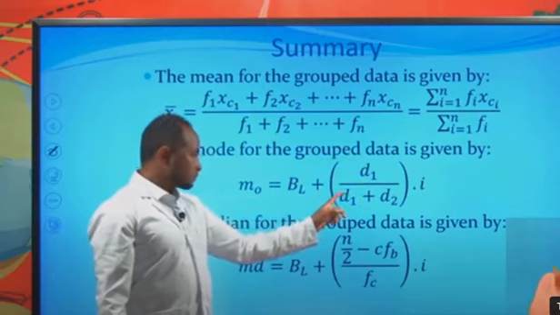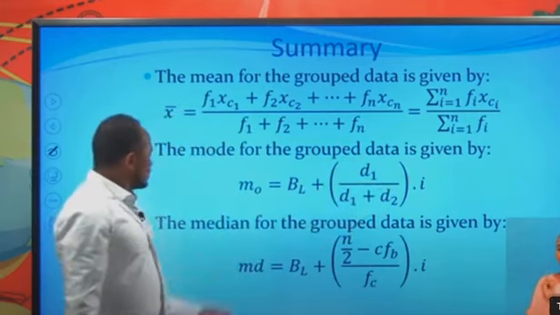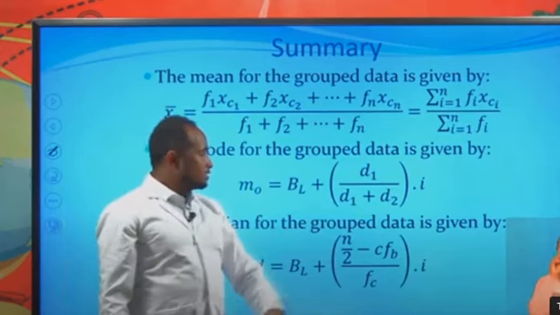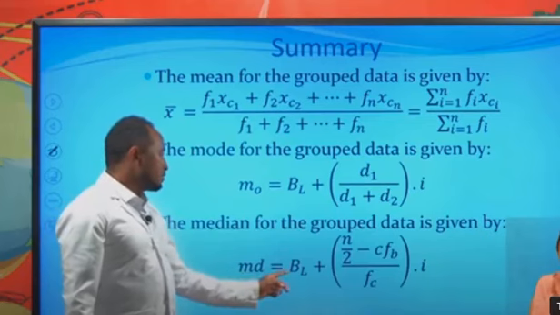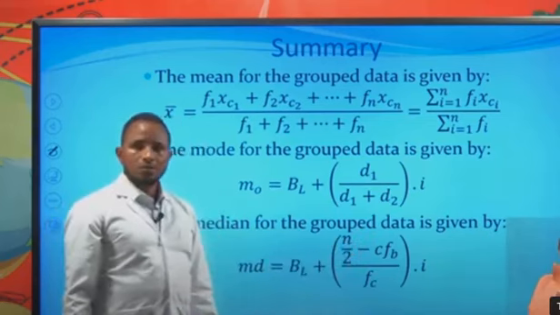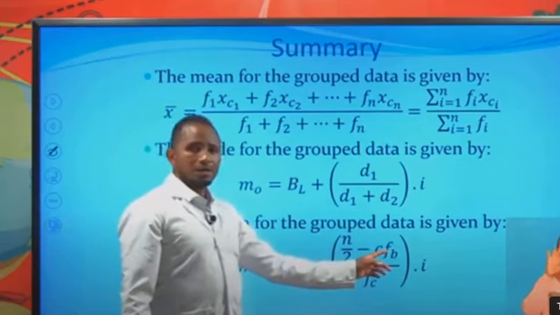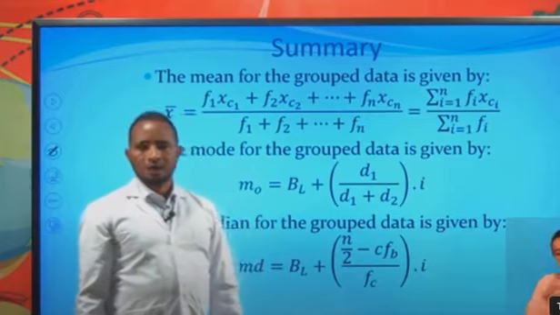And the median for grouped data is the lower class boundary of the median class plus n over 2 minus the cumulative frequency before the median class, divided by the frequency of the class, times the class size.